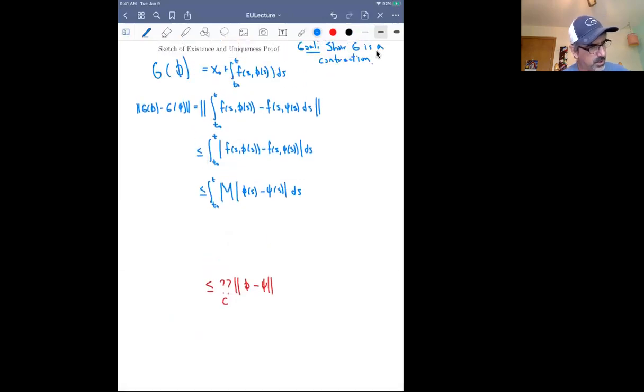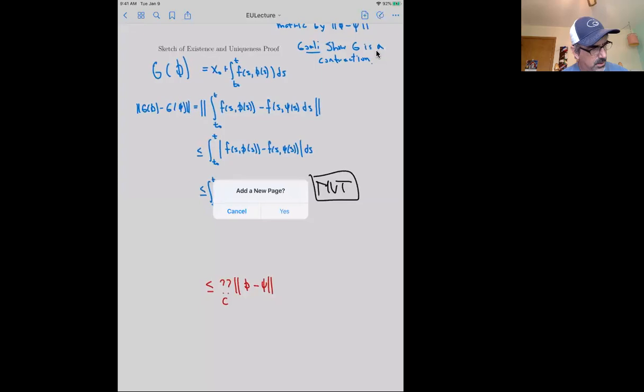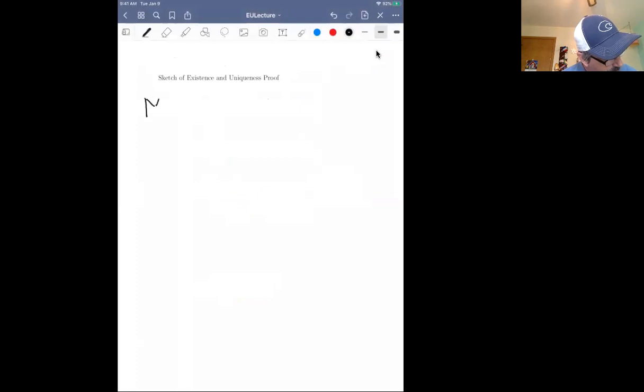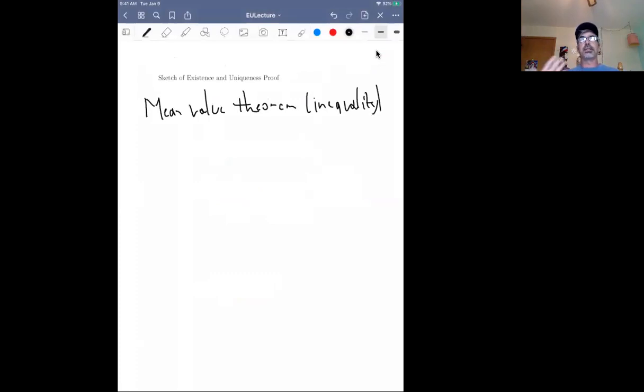I claim that this follows from the mean value theorem. I'm going to remind you of what the mean value theorem says on the next page, and I'm going to do an inequality. It's easier. The mean value theorem relates the average rate of change of a function in R to its instantaneous rate of change.